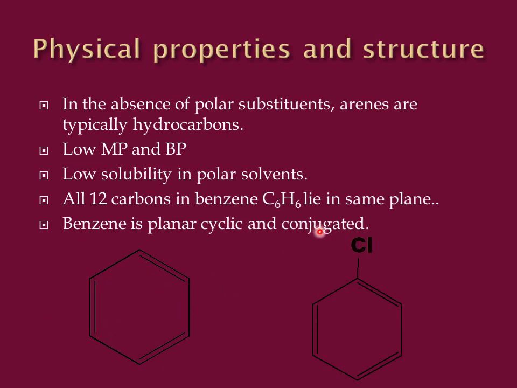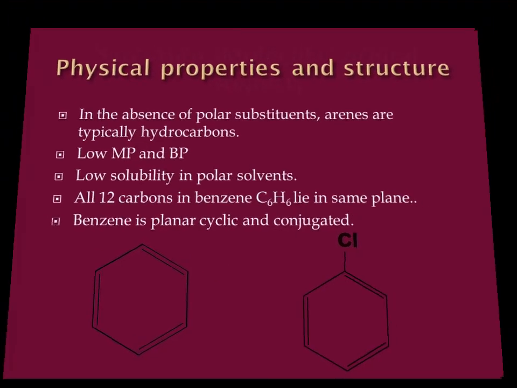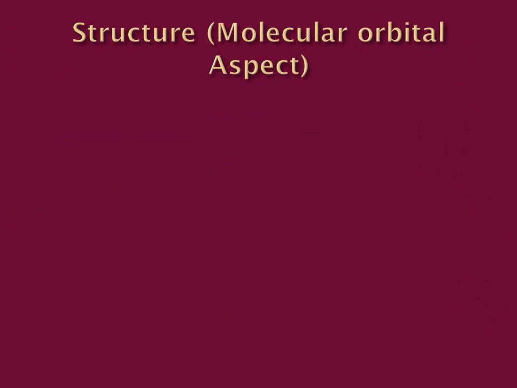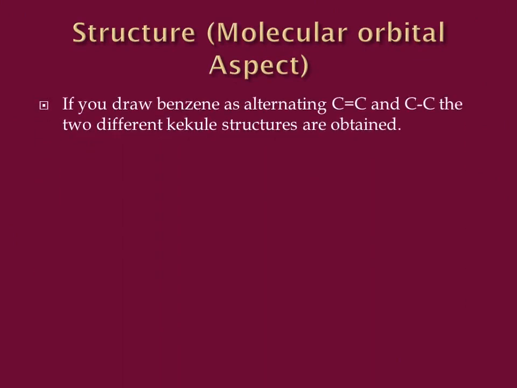Students, now let us try to understand the structure of benzene on the basis of molecular orbital aspects. When benzene was in the initial stage of being discovered and its properties were under investigation, scientists tried to write C6H6 in an open structure, but they were unable to fit 6 carbon atoms and 6 hydrogen atoms in an open structure.